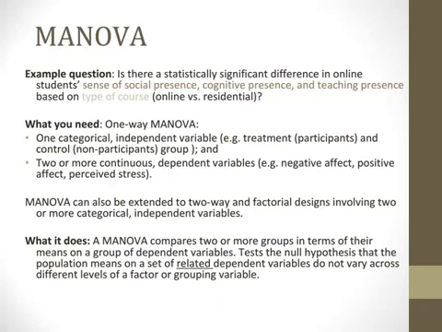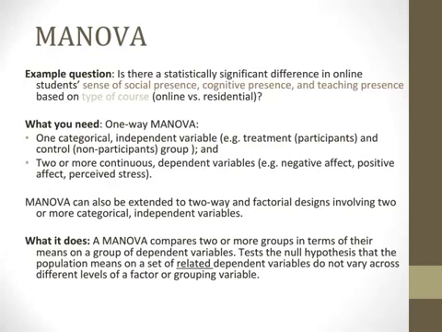Let's say the researcher wants to ask, is there a statistically significant difference in online students' sense of social presence, cognitive presence, and teaching presence, the three distinct constructs within the construct of community, based on the type of course that they're taking, either online or residential. Now, since the researcher has one independent variable and two or more continuous dependent variables, he or she needs to consider a MANOVA.